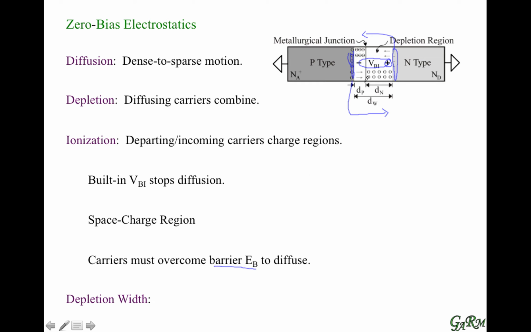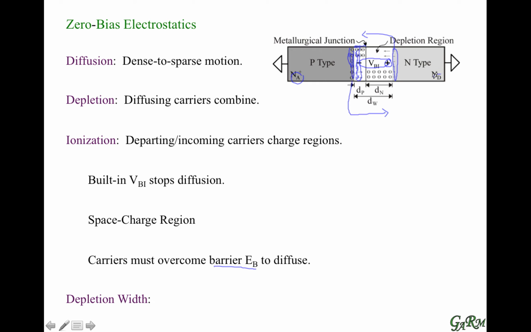So the depletion width, if we look here at the region that is depleted of charge carriers, if we were to increase the doping concentration of the P side of the material, we have lots of holes here on the P side, and the P side is more difficult to deplete. So we're going to see that the depletion width in the P side of the material is shorter, is narrower.